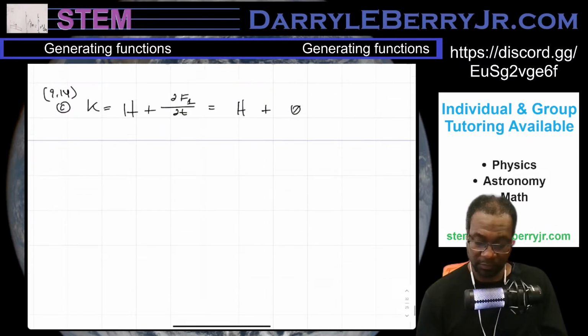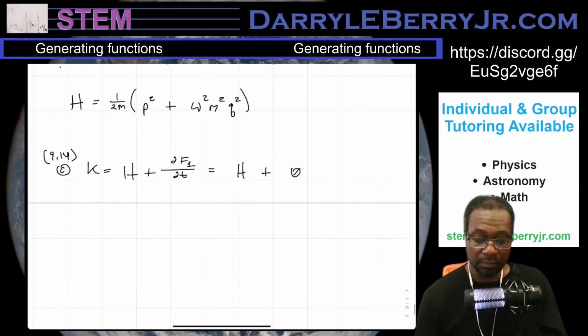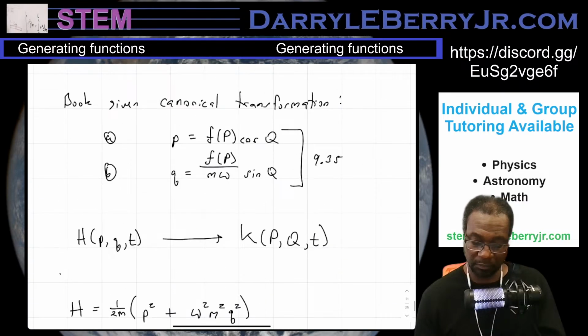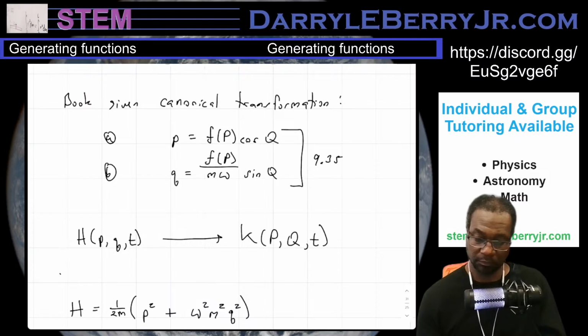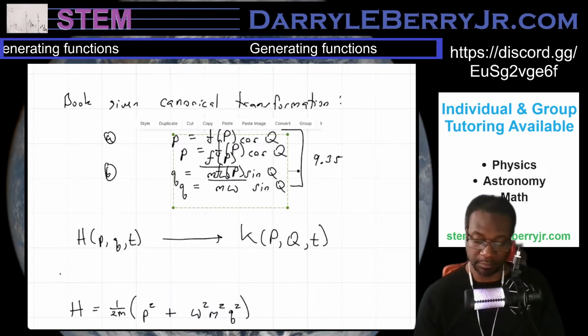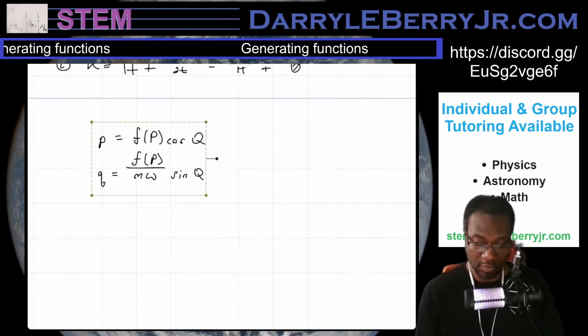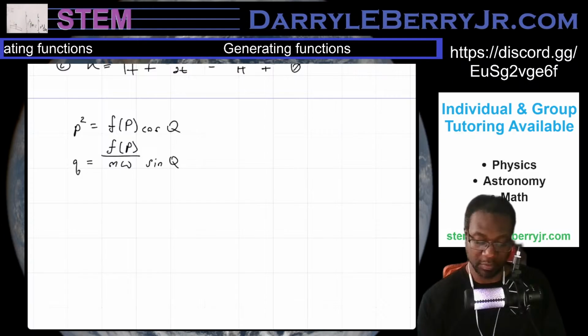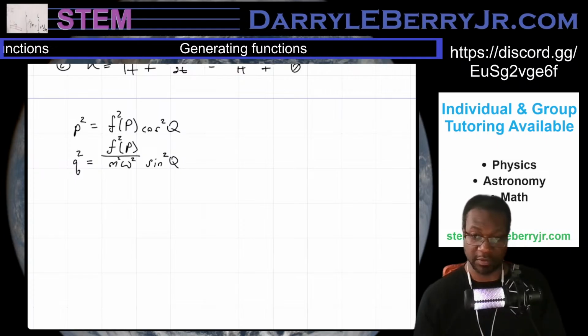So this is going to be H in terms of q. Little p squared is going to be f squared of P cosine squared Q, and q squared is going to be f of P squared over m squared omega squared times sine squared.